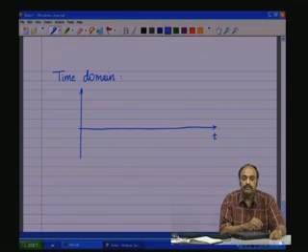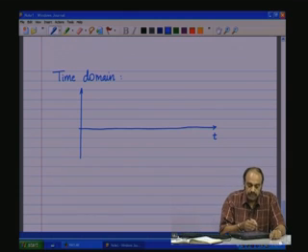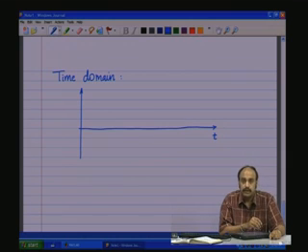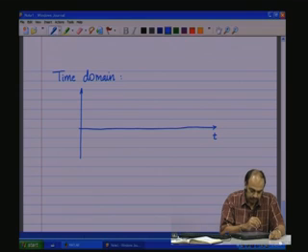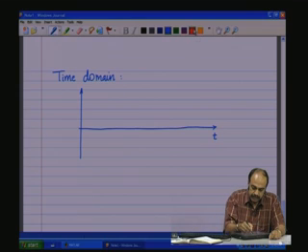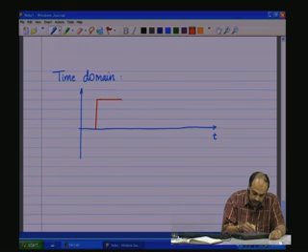It could be a current wave shape, or it could be a voltage wave shape, or any other wave shape which is evolving with respect to the time. It could be the response of the system also, like a step response. Like if you give an input as a step, how will the output evolve? The output probably evolves like that, and so on.